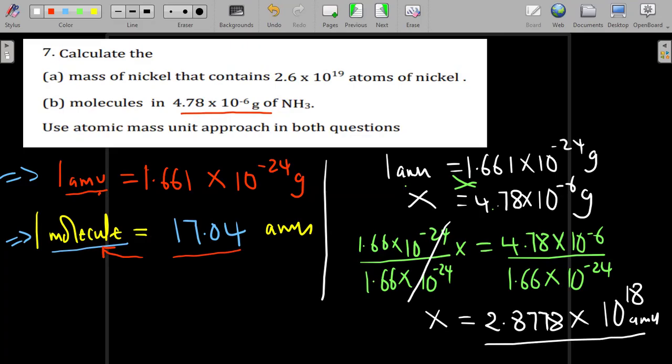And then you come back to this other formula. We know that one molecule is equal to 17.04 atomic mass units for this ammonia specifically. So what if I have 2.8778 multiplied by 10 to the power 18 atomic mass units? How many molecules am I going to have there? So that's what we do.